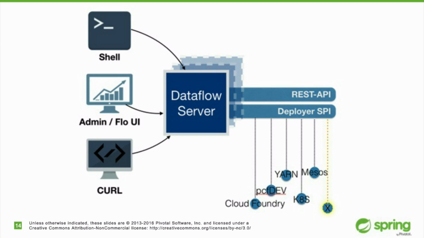And if you're interested in contributing one for your platform of choice that doesn't yet exist, it's fairly straightforward to do. You could look at the GitHub repo for the deployers, which has a link at the end of the slide deck, and get familiar with the deployer SPI to do that.